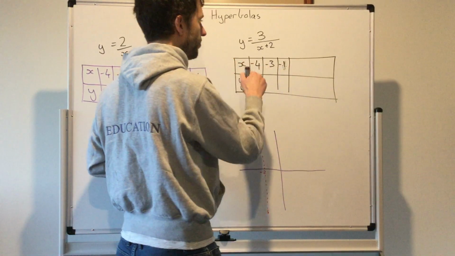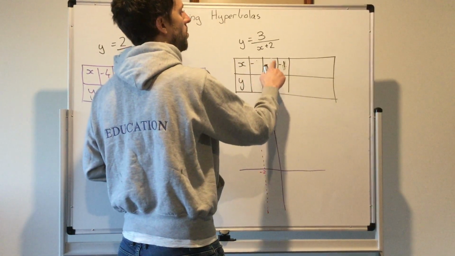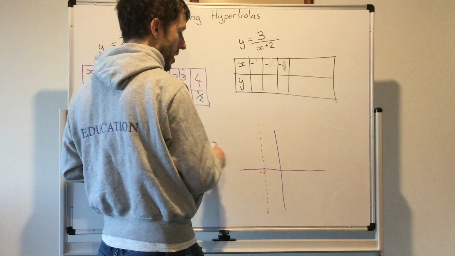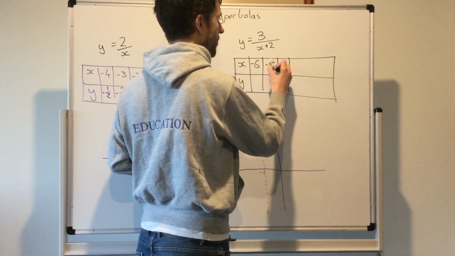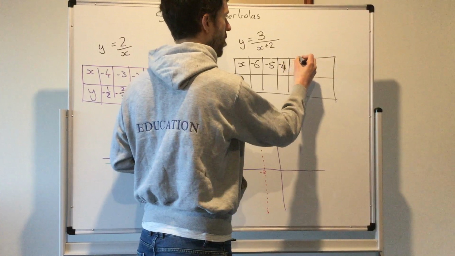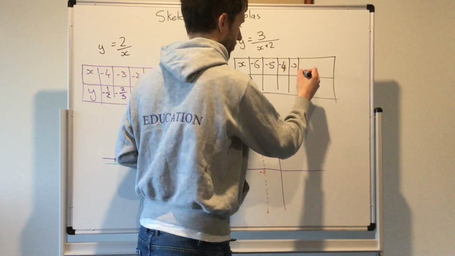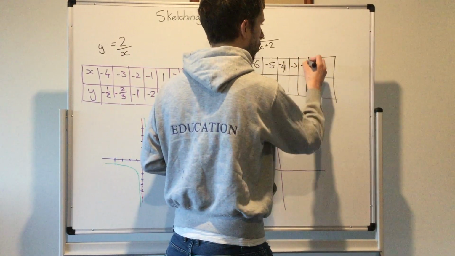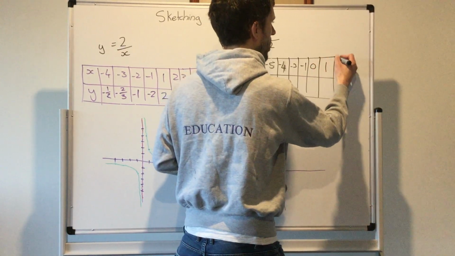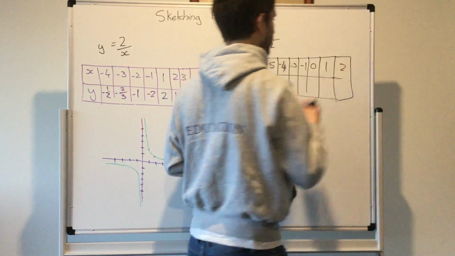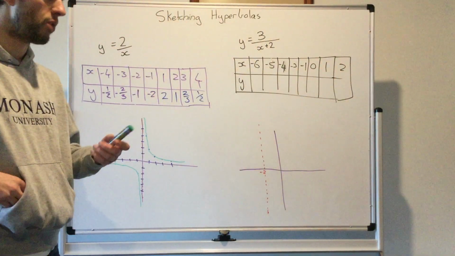Actually, because we're starting more over this side, I'm going to go -6, -5, -4, -3, -1, 0, 1, and 2.